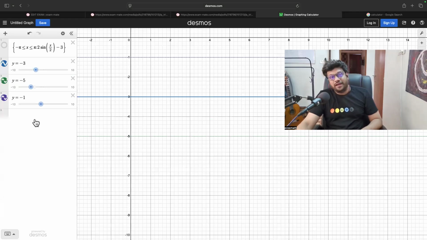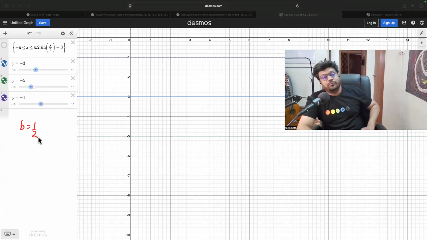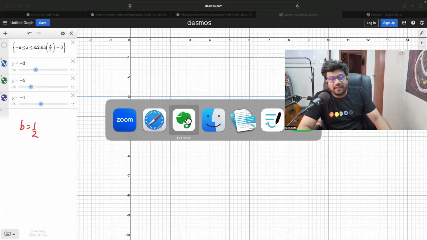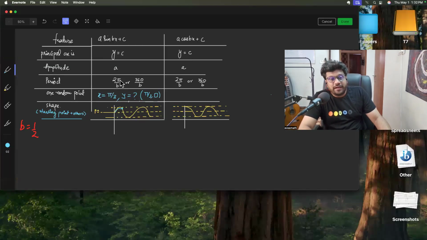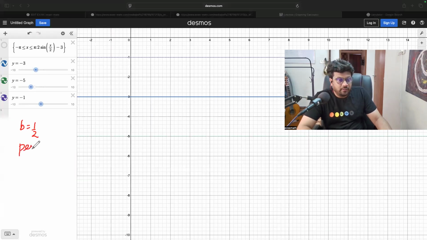And now comes the calculation for period. I know that b is 1 by 2. I also know from my chart that period is supposed to be 2 pi divided by b.